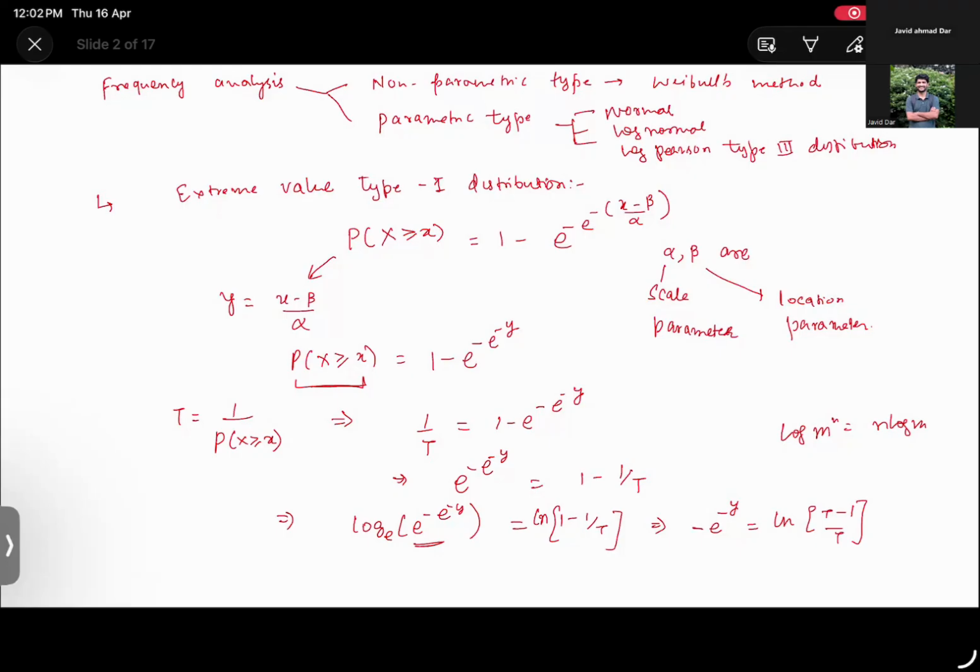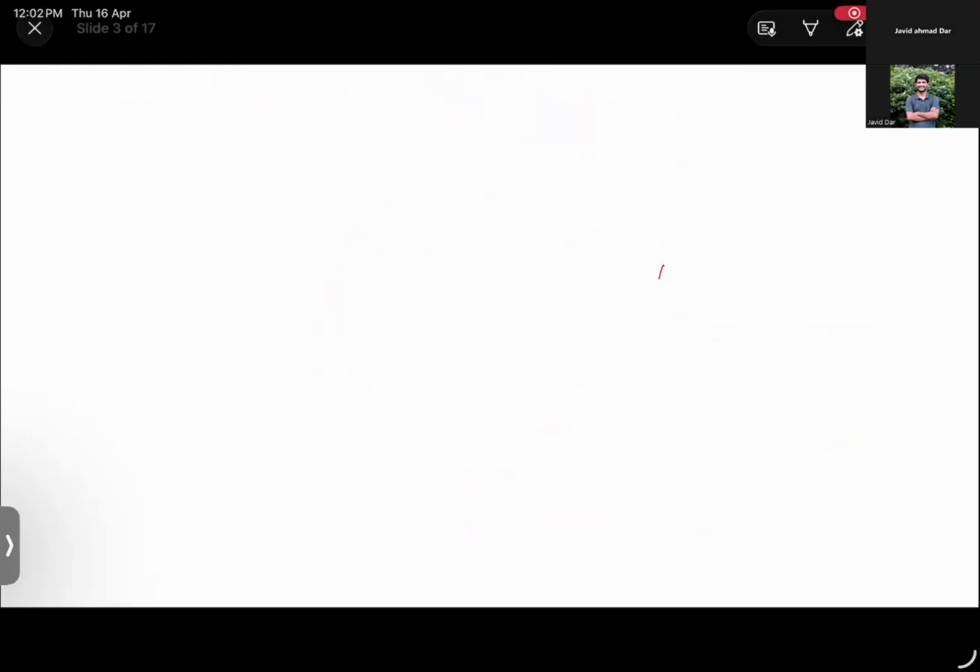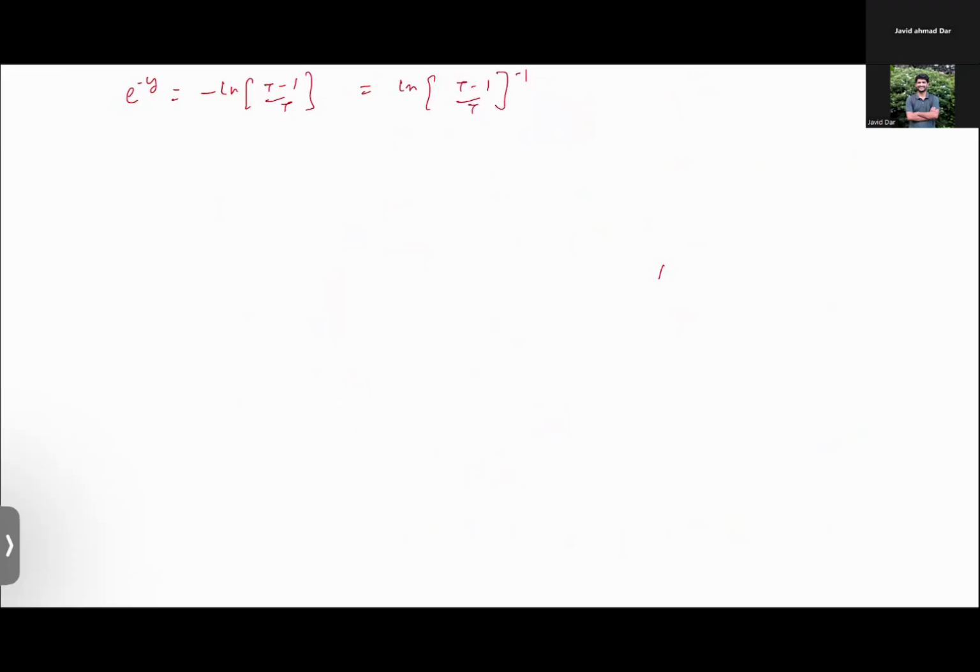Now if you take this minus on the right side, you get e raised to the power minus y is equal to minus ln of (T minus 1) upon T. So this minus can be taken inside, and this will become ln of T divided by (T minus 1). Now you can take another log to the base e, which is ln.